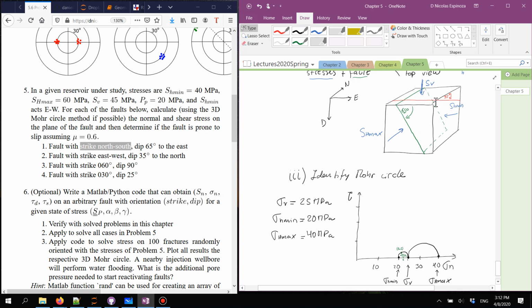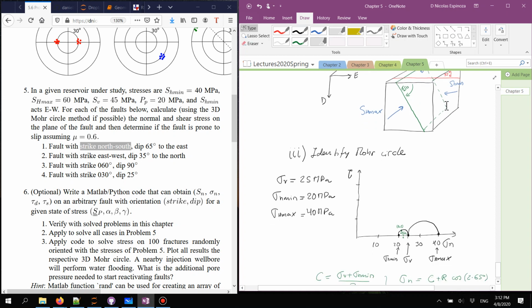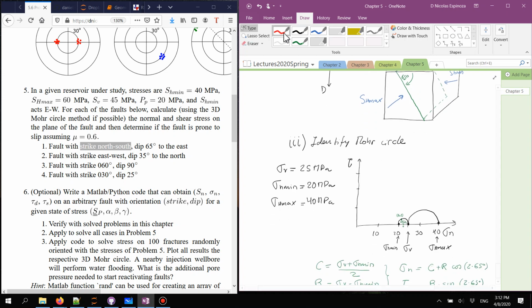I'm not going to tell you what that angle is, but I'm going to tell you it's not 35. Okay? It's not 35. And when you solve the problem, your state of stress for that particular plane, with a new center, this is the red, and with a new radius, is going to be somewhere over here. This is going to give me the effective normal stress and the shear stress for that point.